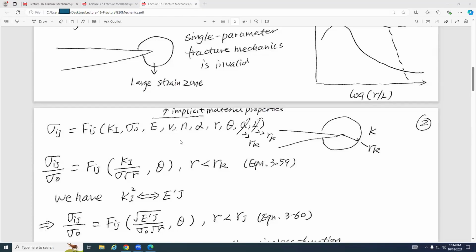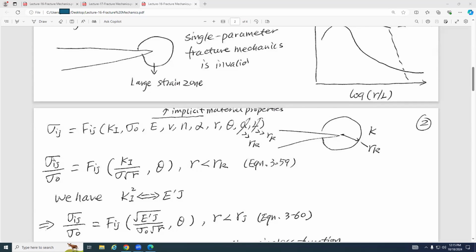Also, because the crack length A is usually much larger than the K controlled zone radius RK, and the characteristic length L, usually the ligament length, is also always far larger than RK, these quantities can be omitted also.